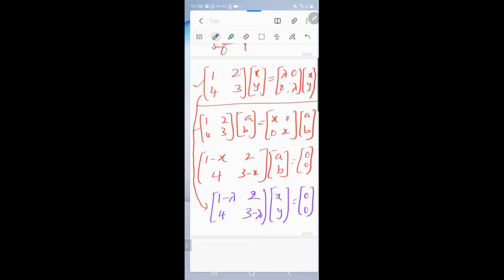Is that clear now? Shruti Satya, is this clear? Why did the xy disappear? What xy disappeared?